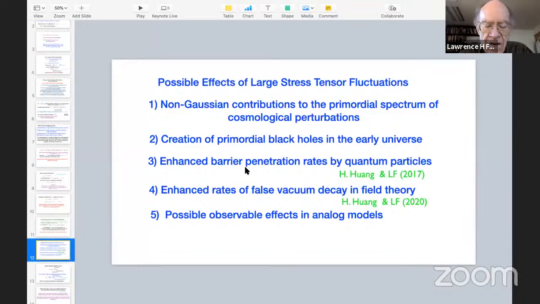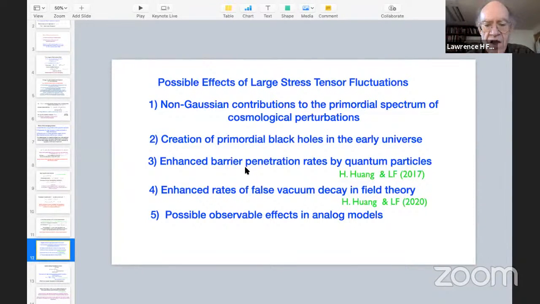But there's a small chance that you might get a large radiation pressure fluctuation, because radiation pressure is essentially a component of the stress tensor. That is, it's well known, for example, that if you shine light on a charged particle, it exerts a radiation pressure force, and that's at the classical level. But there will be quantum vacuum fluctuations of that radiation pressure force.